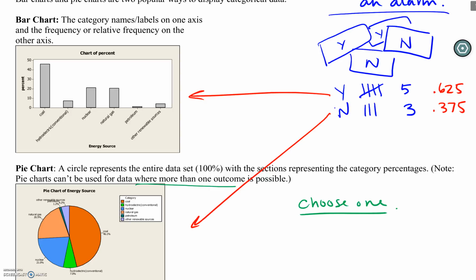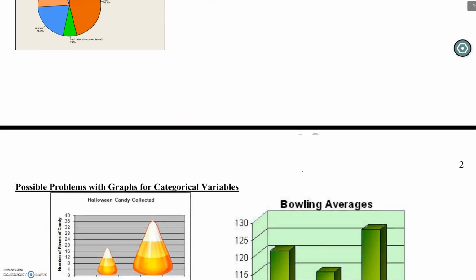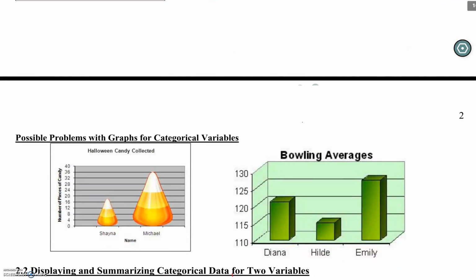So in order to give us a little more interesting stuff here, we're going to talk about possible problems that can happen with categorical graphs. I have 2 very silly examples here, but they both illustrate an issue that happens in real life. First one, we see Halloween candy collected, and we got Shayna and Michael.